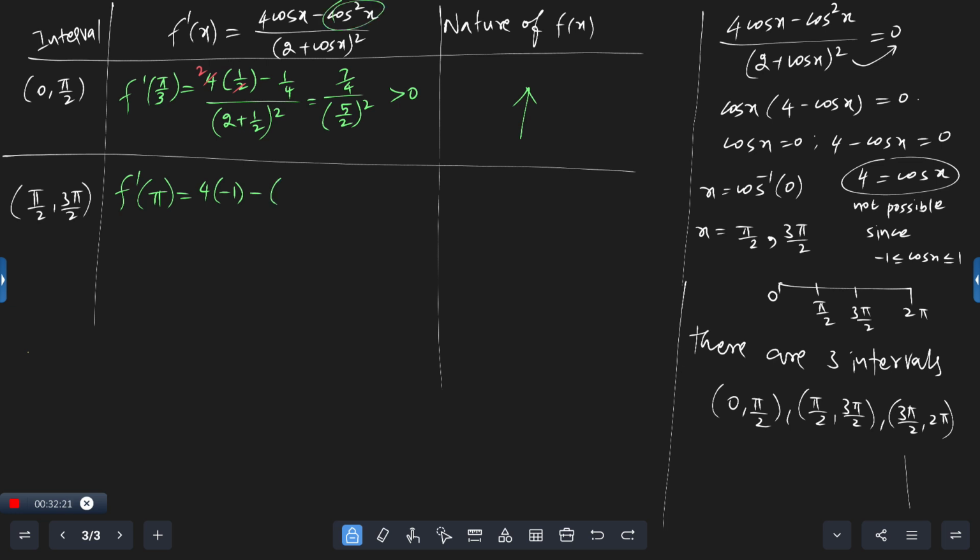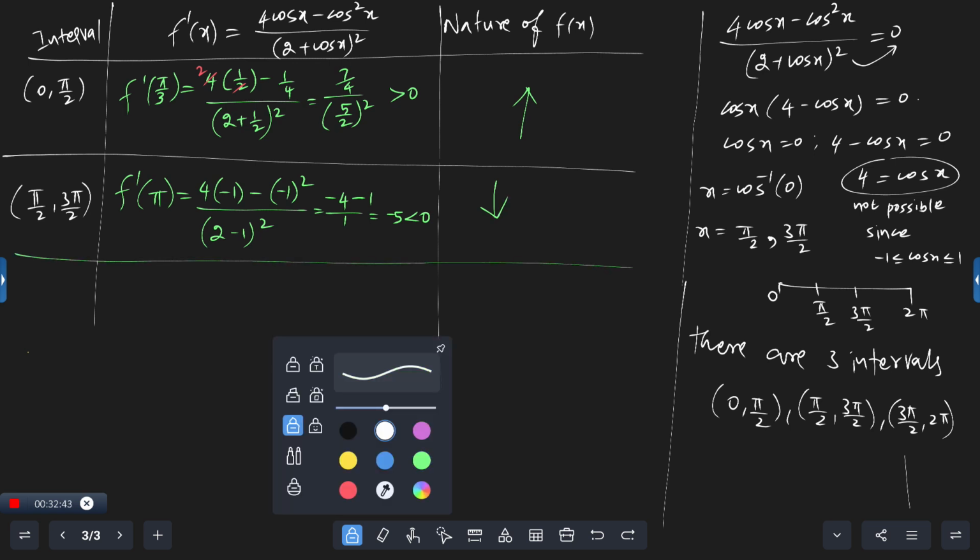Cos square is minus 1 whole square. So minus 4 minus 1 square, that is 1, divided by 2 minus 1, 1 square, 1, which is equal to minus 5. That is less than 0, then decreasing.